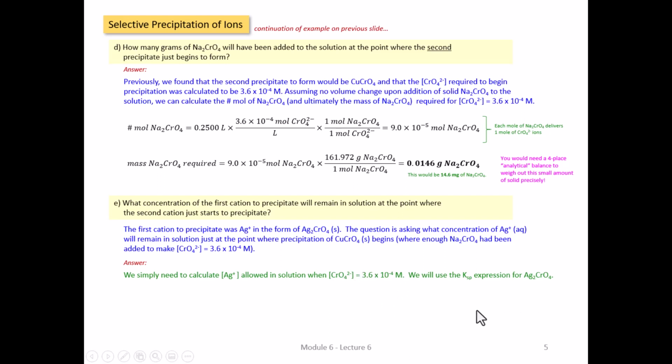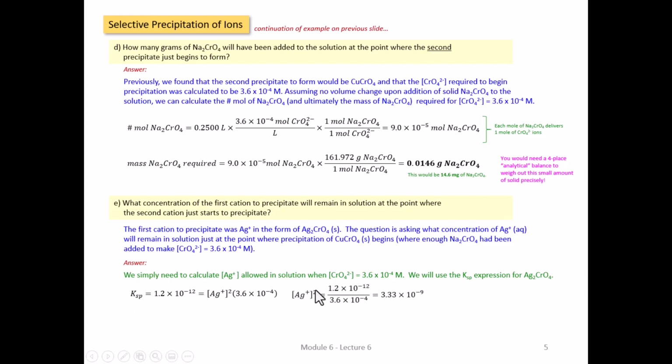We can do that by using the KSP expression for silver chromate, and we say, look, we want this chromate ion concentration to be 3.6 times 10 to the minus 4. What concentration of silver ion will be tolerated to make this solubility product exactly equal to the KSP?